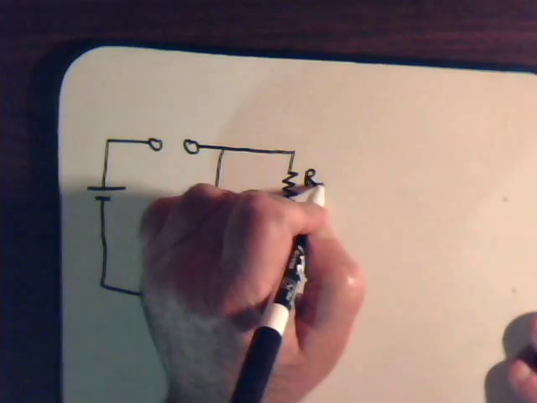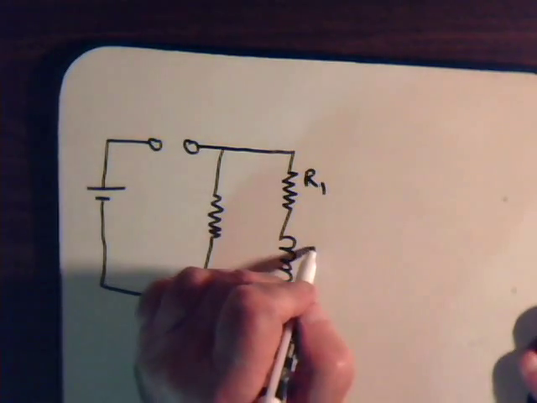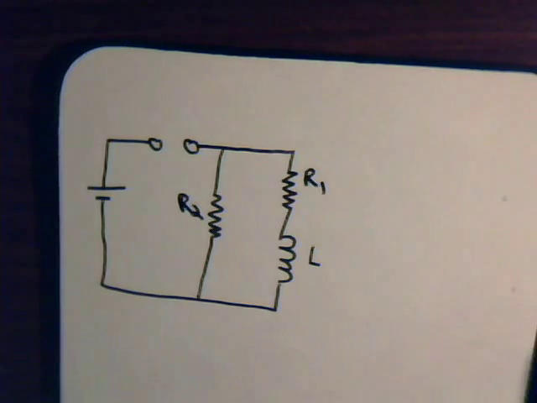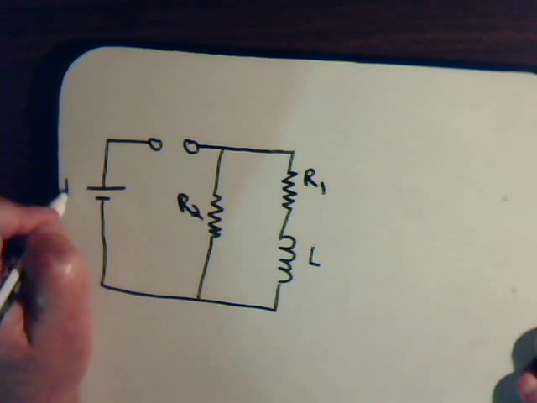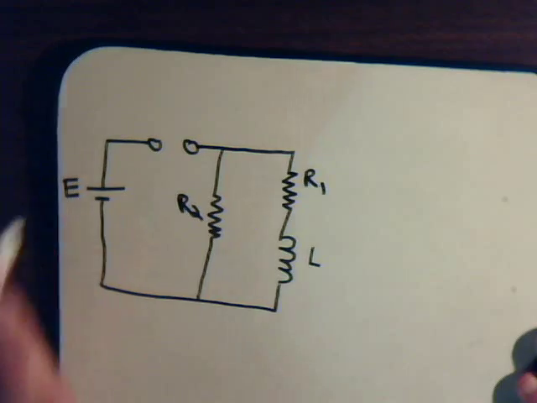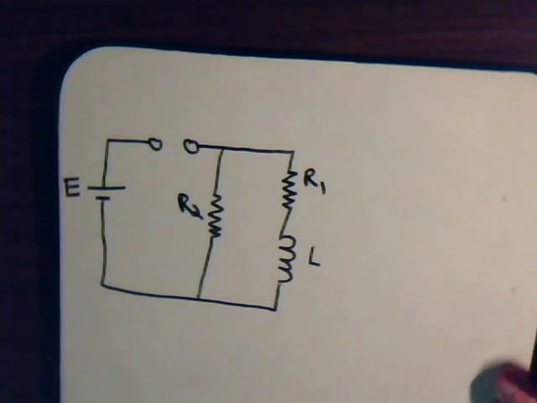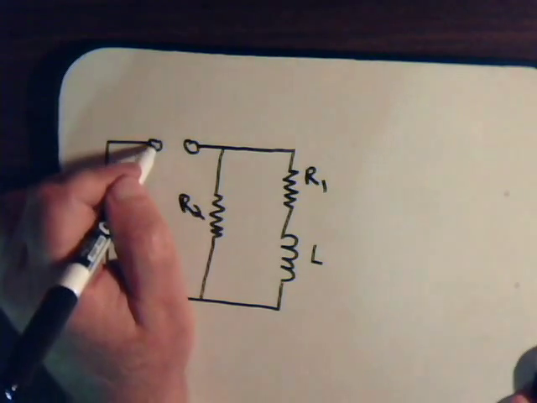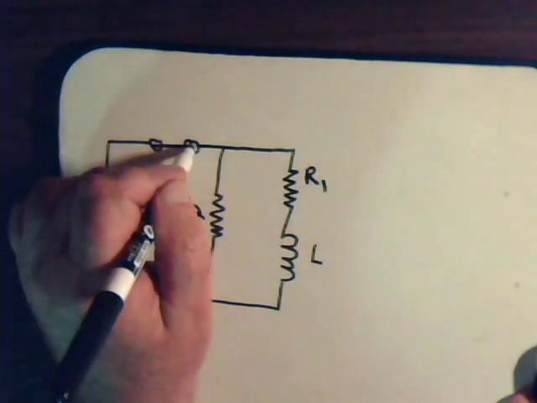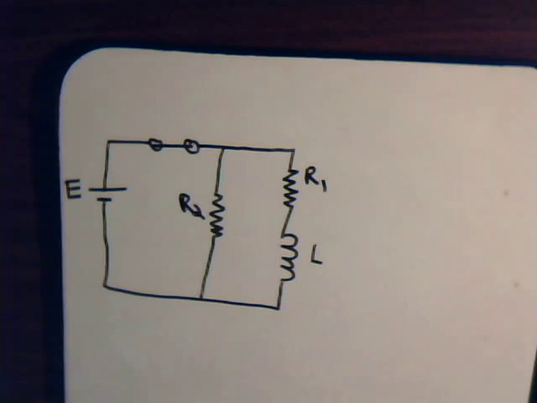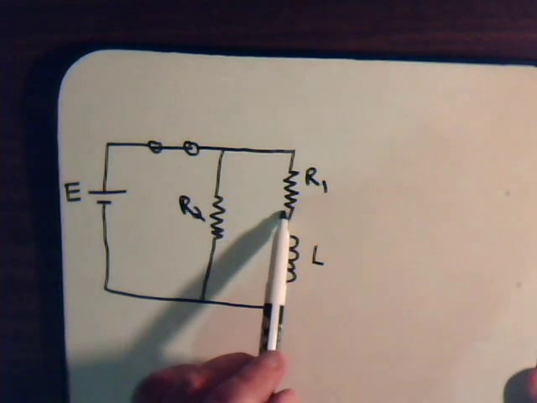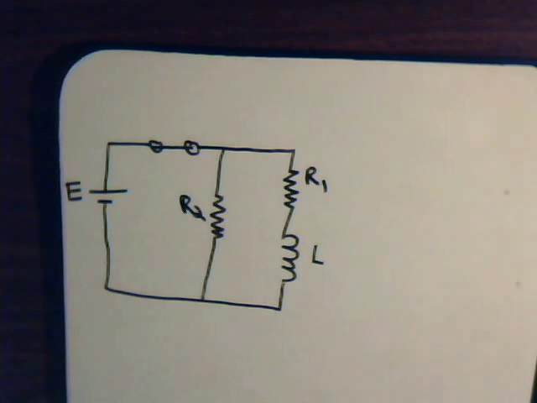So this is R1, L, and this is R2. Here's the battery. Now, first question: let's say that we have a complete circuit. What is going to be the amount of current that goes through the resistor R1 and through the coil L?